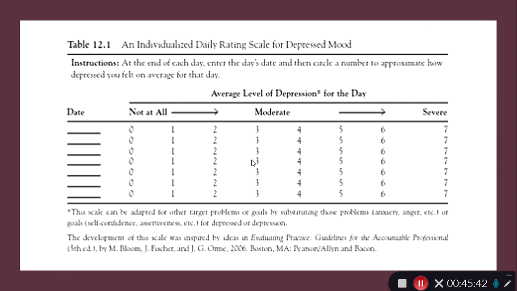But again, this could be month to month, week to week, right? So we could also change this to average level of depression for the month or average level of depression for the week, right? So we can change the time frame. But at any rate, this is one way of operationalizing depressed mood.